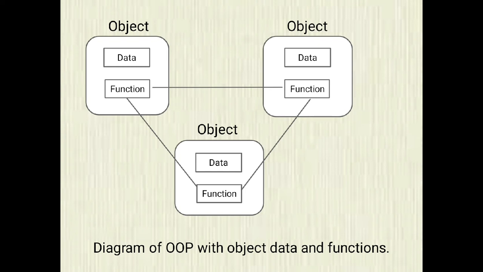Through the functions, the object data can be passed on. So this is how, in object-oriented programming, every object has its own data and its own functions to execute on the data. Only through the functions can the data be passed from one to the other.